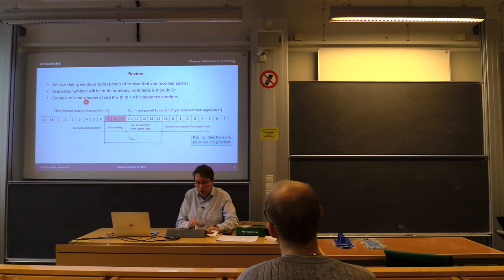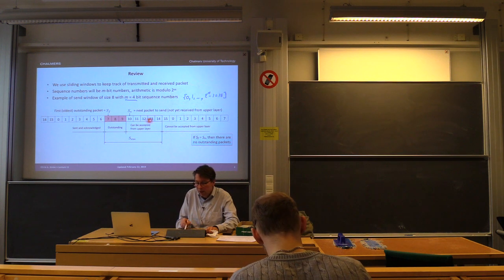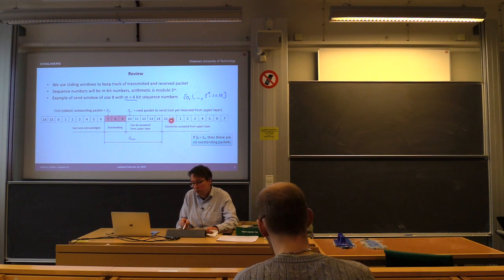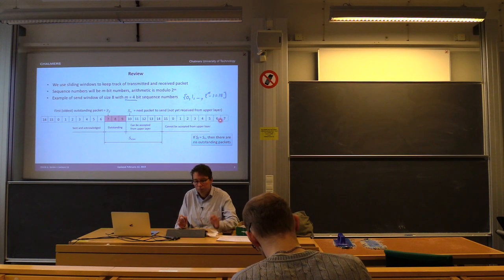For instance, with 4-bit sequence numbers, the sequence numbers can be from 0, 1, up to 2^m minus 1, which is 15 in this case. So the sequence numbers of the packets could range from 0 to 15, and when we go to 15, we recycle and start over with 0.